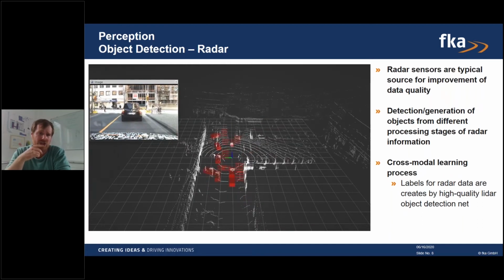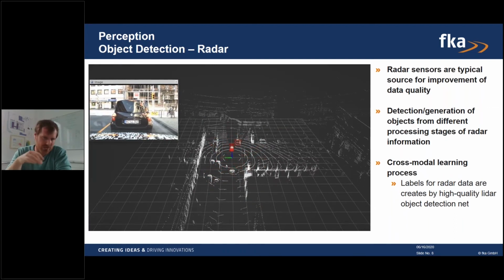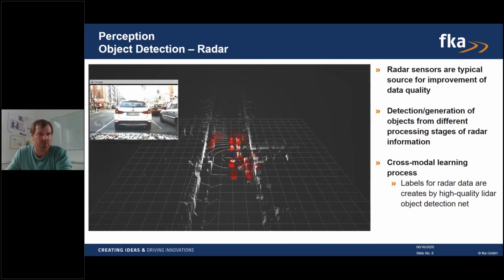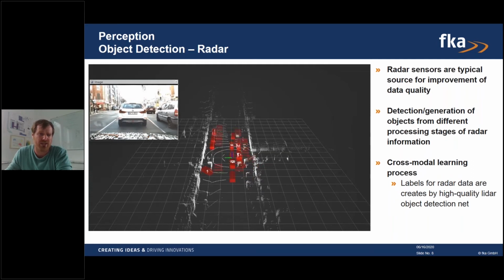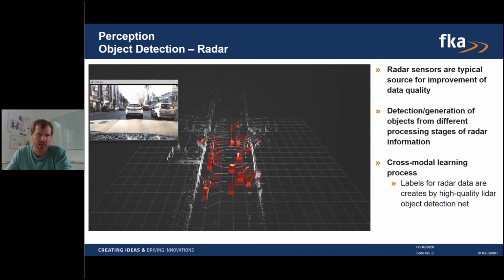That is actually a pretty good feature of the radar compared to the LiDAR. Just to give one example why it makes sense to use different sensors, because they all have different specs and different advantages and disadvantages, of course.